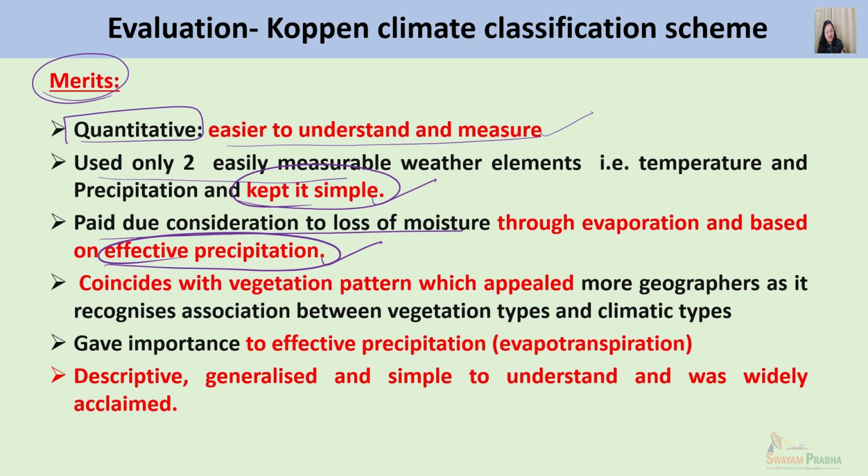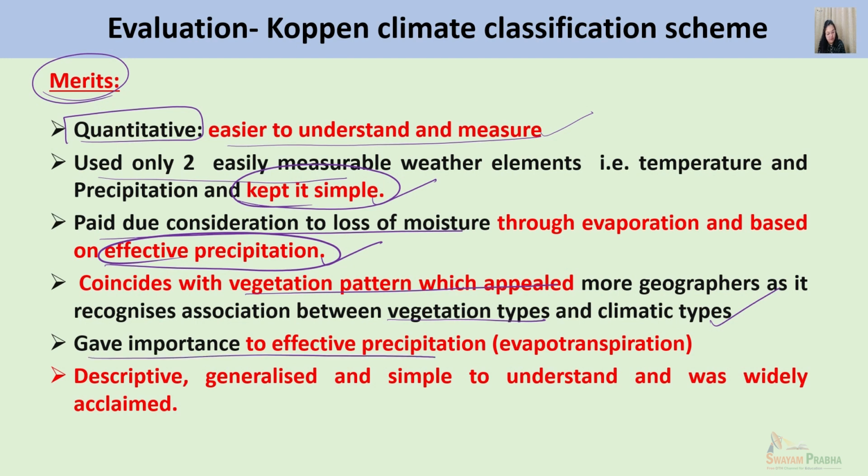So the correlation of the Koppen's climatic regions with the existing vegetative patterns was very much appealing to the geographer, as it recognizes the very evident association between the vegetation types across regions and climatic types. So the resemblance between the vegetation types and the climatic regions was a very positive aspect of Koppen's classification, because anybody could easily visualize it, remember it, and it was easier for any person to understand.